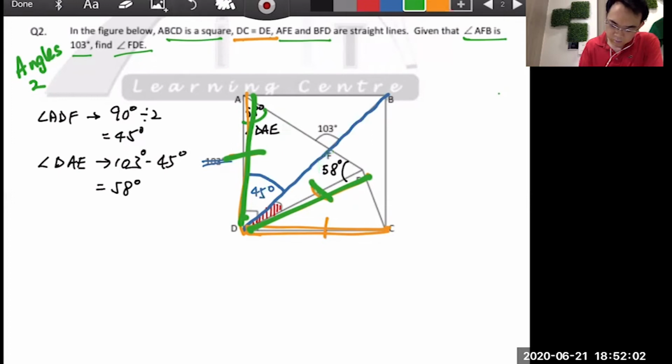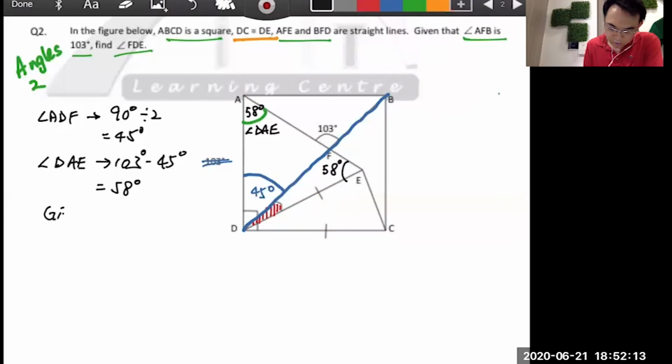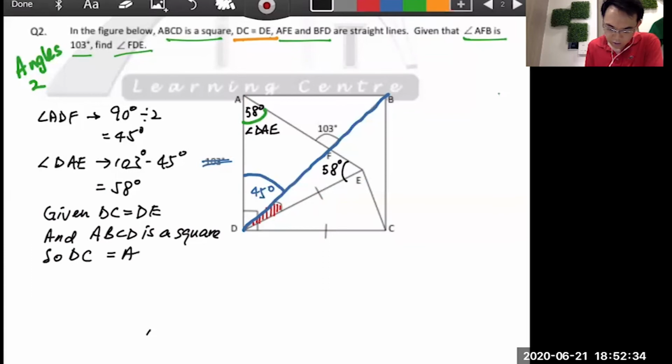So we can write all this down if you like. We can say, given DC equals DE and ABCD is a square, so DC is also equals to AD.